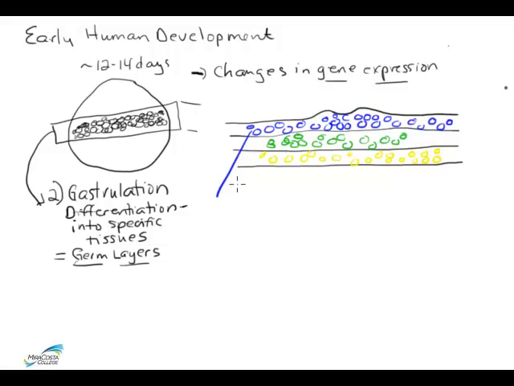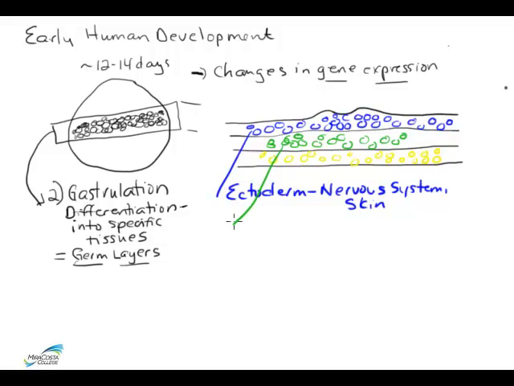So these are cells, but they're already different from one another in terms of what type of tissue they are. This top layer that I've labeled in blue here is a germ layer referred to as ectoderm. That layer of tissue is going to go on and ultimately form the nervous system tissues and the outer layer of skin.